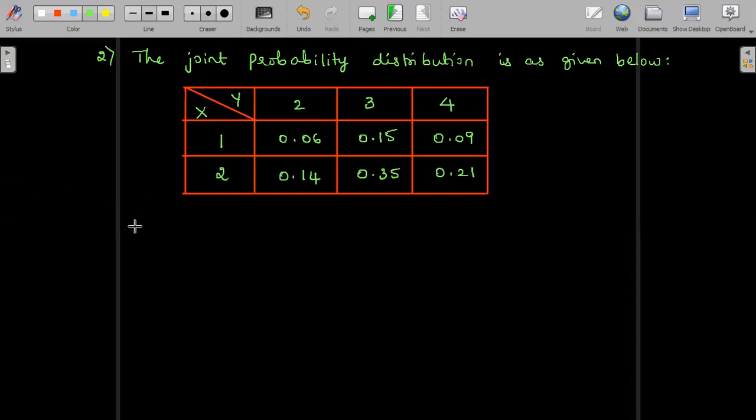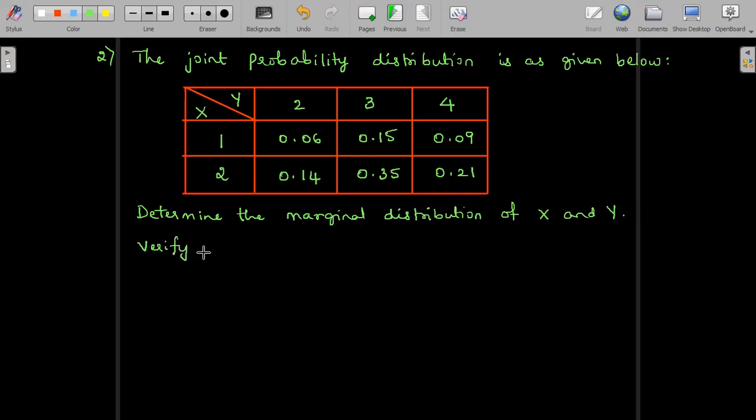Now we are asked to determine the marginal distribution of x and y, and verify that x and y are independent random variables.